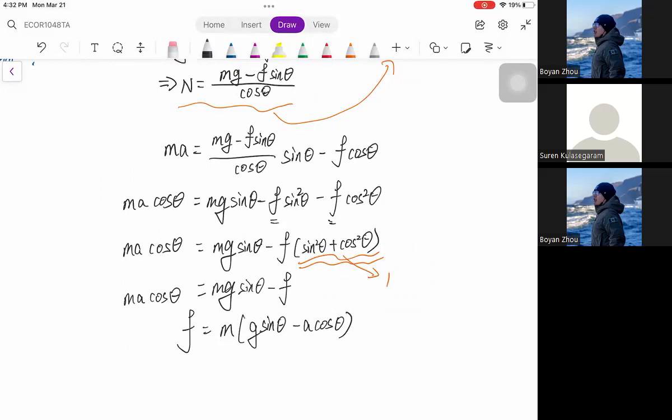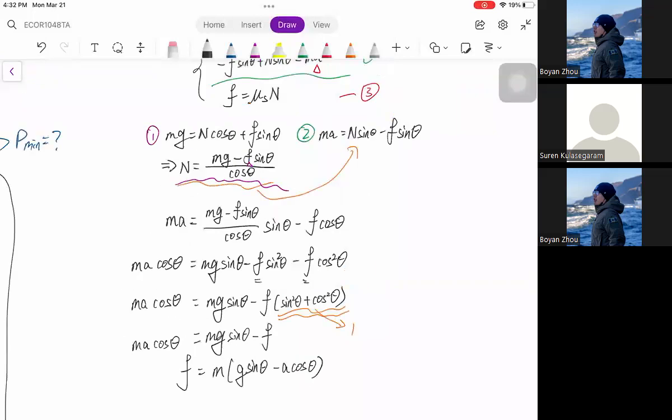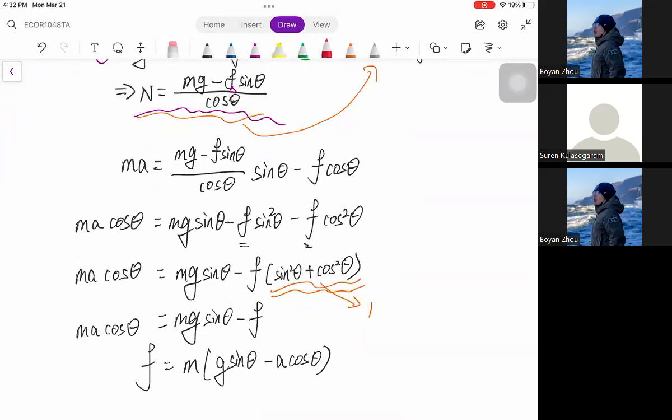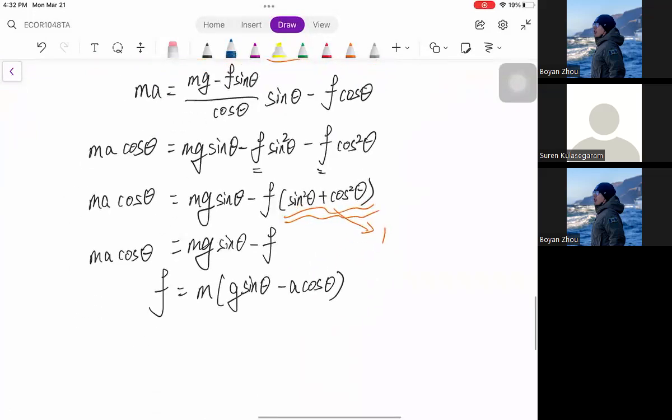So we found f, and then we're going to plug f into this thing to get N. So 1, 2, 3, so let's say this one is 4. Plug into equation 4.